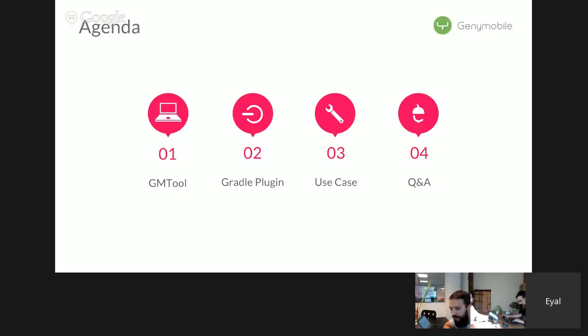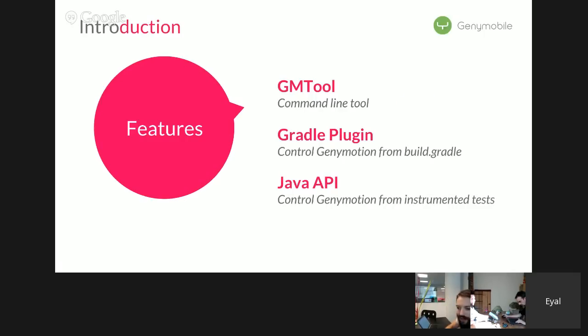They will be able to define a list of devices directly from their build Gradle file and launch their tests, and all the devices will be downloaded, created, started right before the test in order to run their tests on all the devices they wanted to test them on. We will detail some use cases, and at the end, question and answer will happen. So I am now really happy to let Eyal show all these nice features of Genymotion 2.5, and I really hope you will enjoy our webinar.